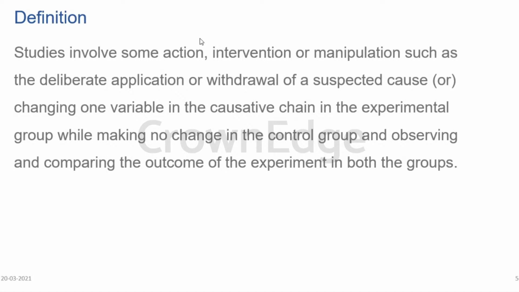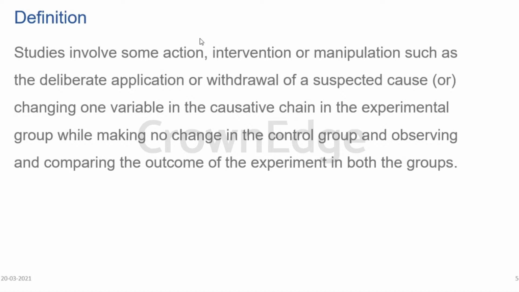So the most important factor here is that the investigator or researcher is going to create some intervention or manipulation, or change the variables in such a way that the two groups you are comparing become different. That is, you are either going to insert a factor, or remove a factor that you suspect is causing a particular disease, and then see the effect of inserting or removing the factor.